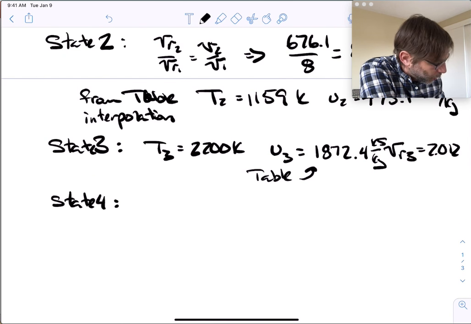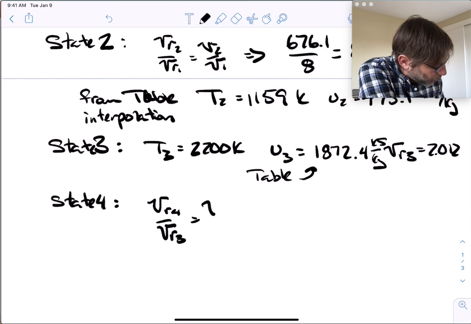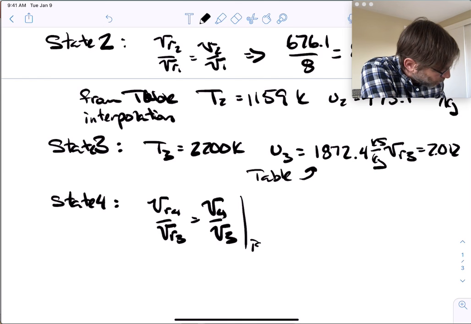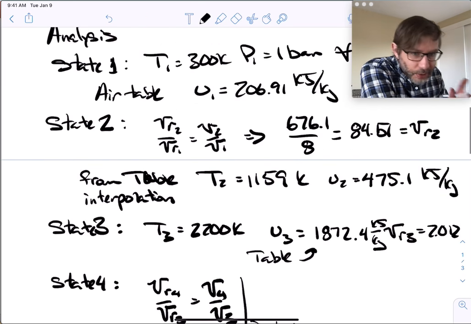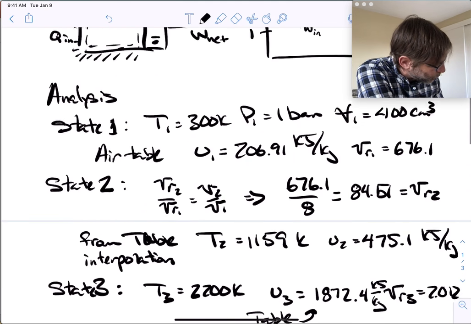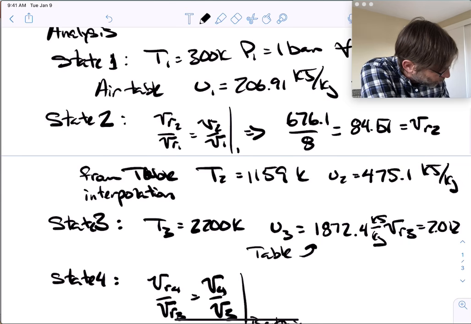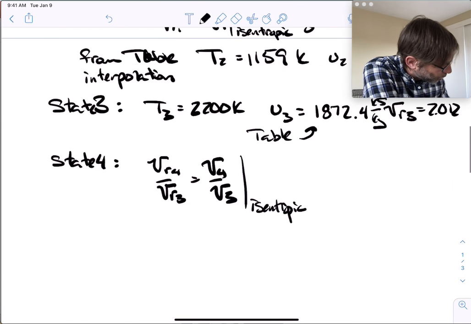We use the same relationship, vr4 over vr3 equals v4 over v3, for isentropic. Only for isentropic processes can you use this handy relationship, so make sure we know it's isentropic.